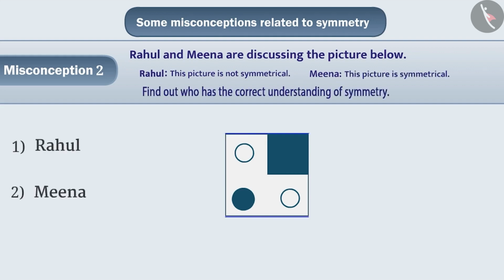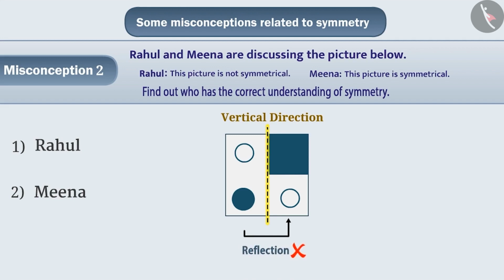Some children, in order to identify whether a figure is symmetrical or not, just observe whether two paths can be formed in the vertical direction of the shape identical to each other or not. For example, here Rahul noticed that after drawing two paths in the vertical direction of the figure, it is known that they are not reflections of each other. So Rahul determined that the image is not symmetrical.